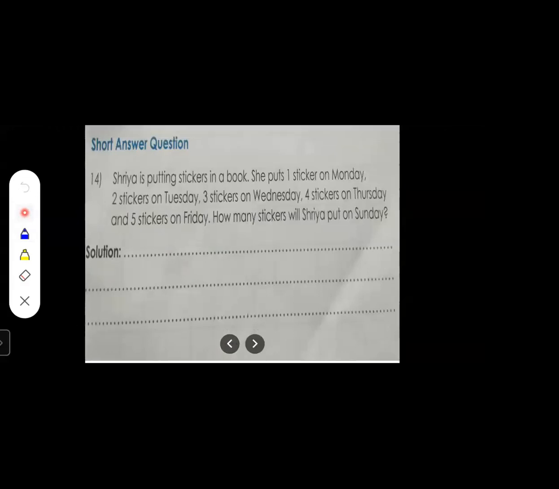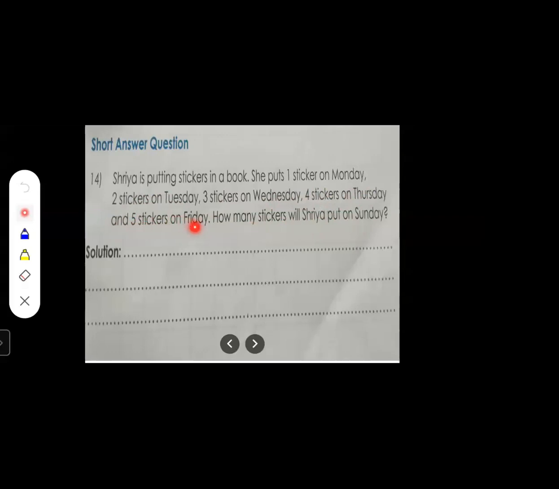Next one, the last sum over here. Shreya is putting stickers in a book. She put one sticker on Monday, two stickers on Tuesday, three stickers on Wednesday, four stickers on Thursday, and five stickers on Friday. How many stickers will she put on Sunday? So students, on Friday, how many stickers had she put? Tell me, five.